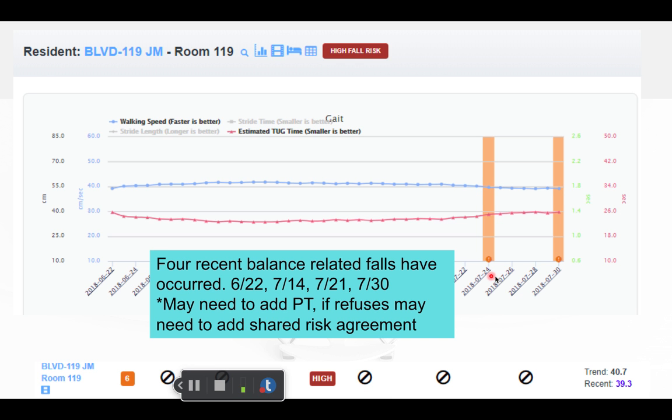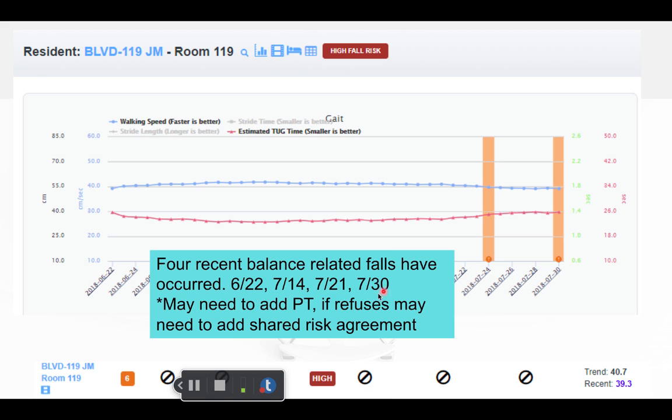That's another really good measure of walking and fall risk. So this person has had two alerts on fall risk.